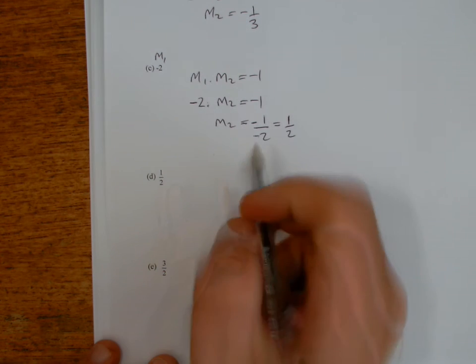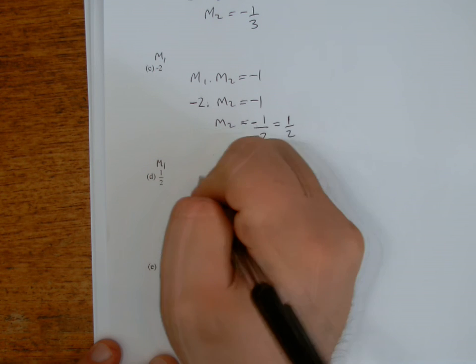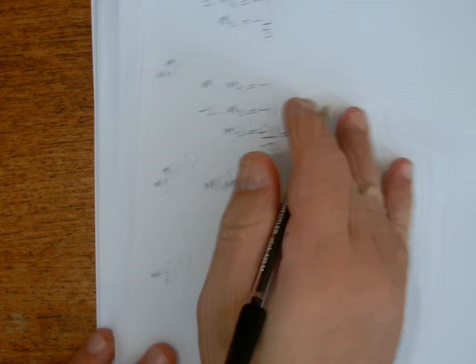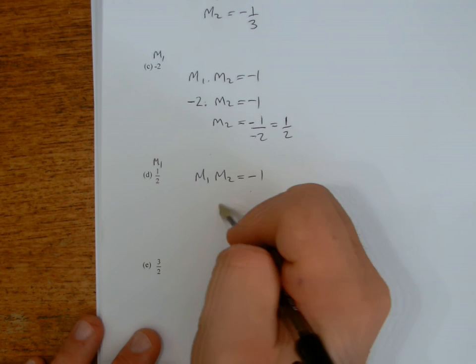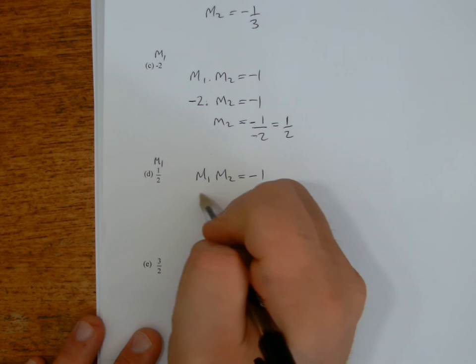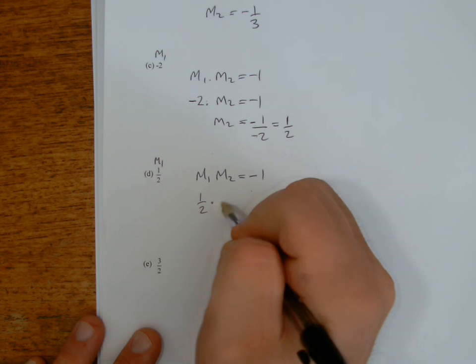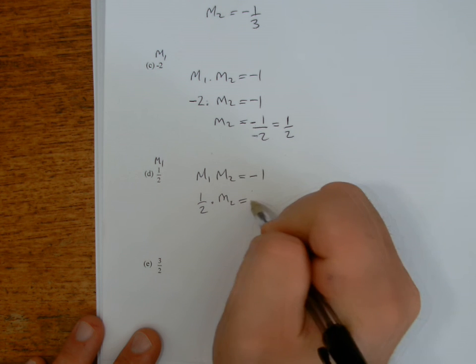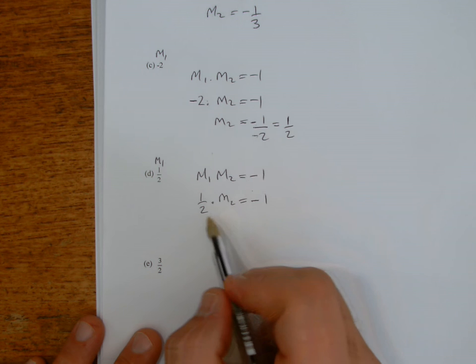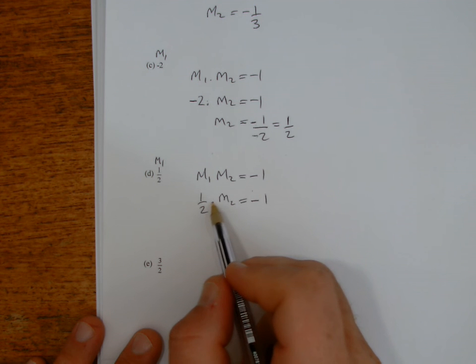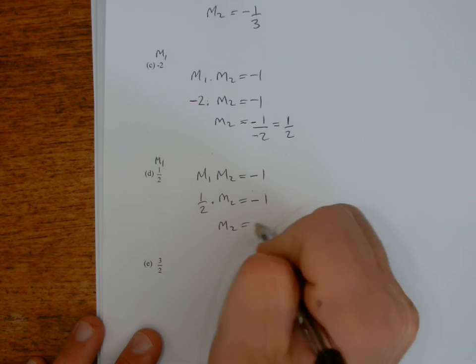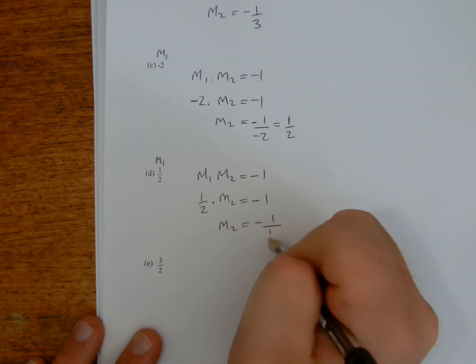D then, so my gradient this time is 1/2, so that's my M1. So again, write down the result. So I've got 1/2 times M2, which is -1, yeah? Now again, because I'm timesing, you're going to take this half over the other side and divide. -1 divided by 1/2.